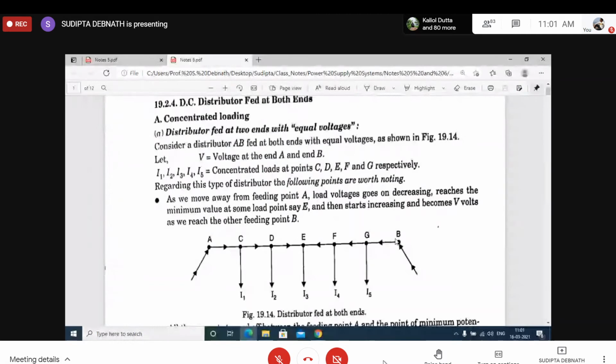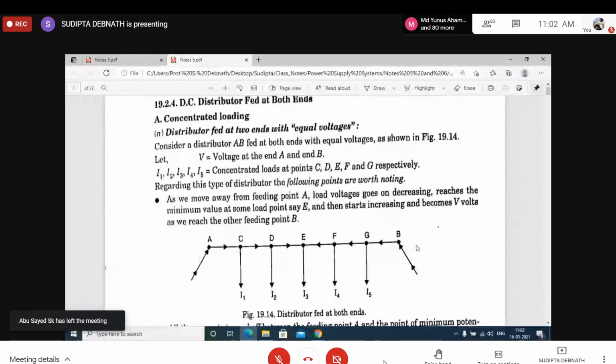Let us consider first the concentrated loading, with the distributor fed at both ends with equal voltages. So what will be the voltage drop throughout the whole length of the distributor? It will be V minus V, that means 0, isn't it?